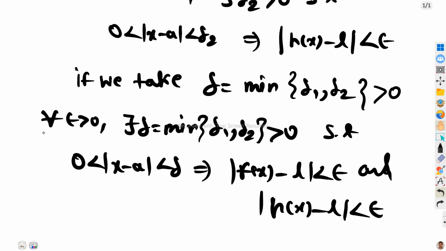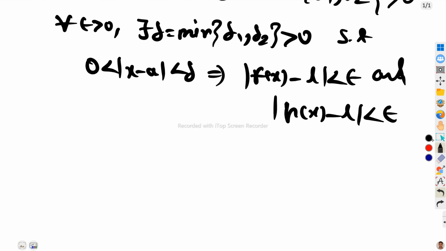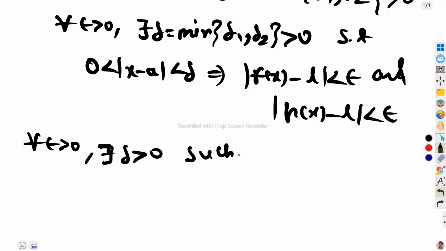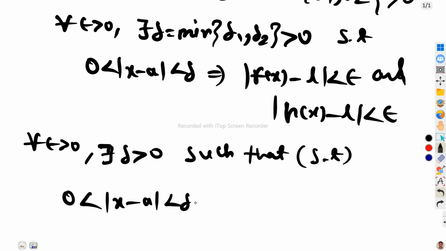These inequalities can be written as: for every epsilon greater than 0, there exists delta greater than 0 such that 0 less than mod of x minus a less than delta implies f(x) is less than L plus epsilon and greater than L minus epsilon.